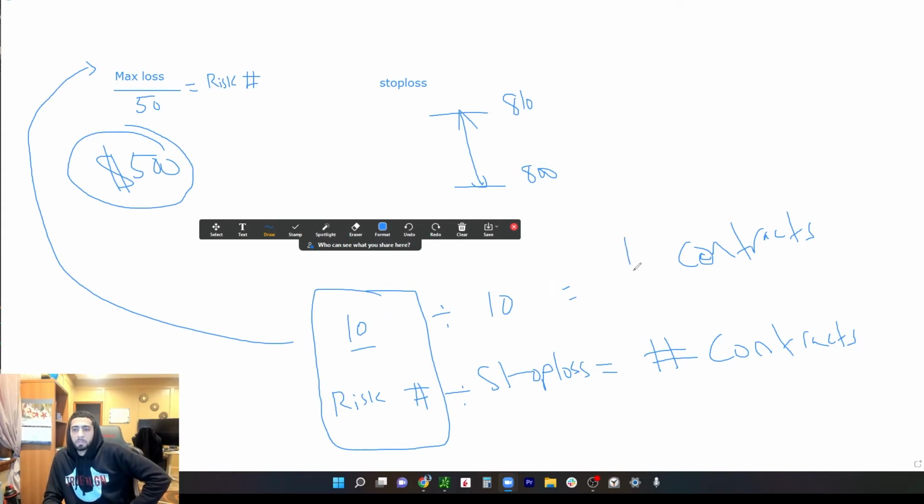So 10 divided by 10, boom, 1. I can buy one contract. Now, if I buy one contract here and then it goes here, I'm gonna lose about 500 bucks. Now, if I buy two contracts, what's gonna happen? If I buy two contracts here and it goes there, I'm actually gonna end up losing double. I'm gonna end up losing 1,000 instead of 500.